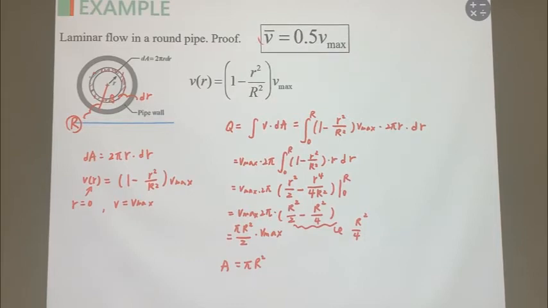So going back to our target here, which is the mean flow velocity, we just divide Q by the cross-section area. So finally you know your answer is equal to V maxima over 2. And again, you prove the formula shown here.